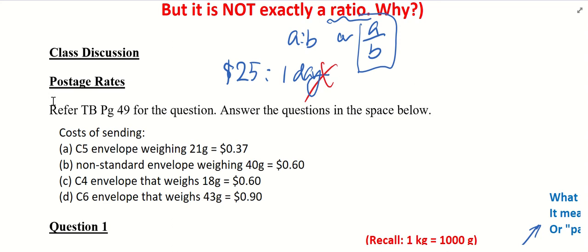Right, the last one is a bit tricky here. We have a C6 envelope that weighs 43 grams. Now, if you look under the C6 category, we have up to 20 grams, up to 40 grams, and up to 100 grams. Which one should we be looking at? Well, this envelope weighs 43 grams, which is above 40 grams.